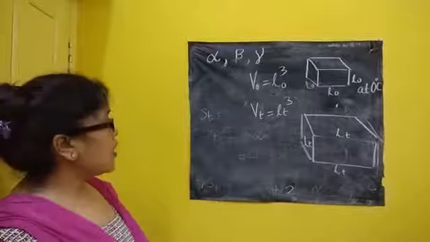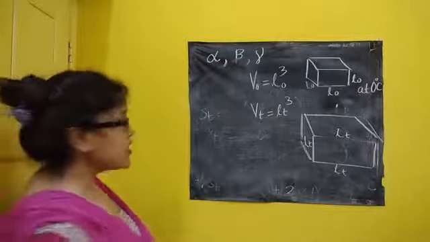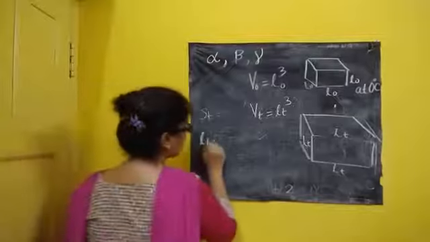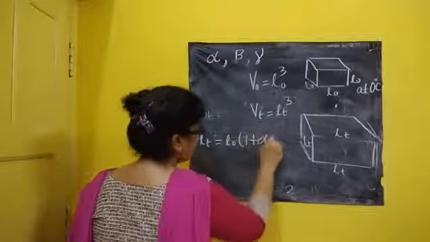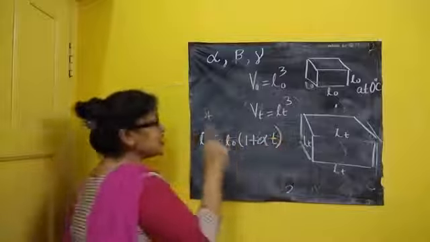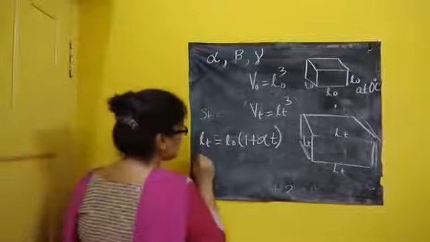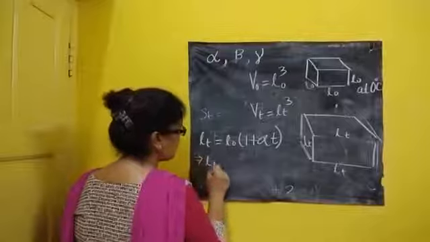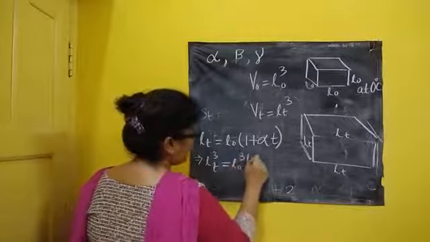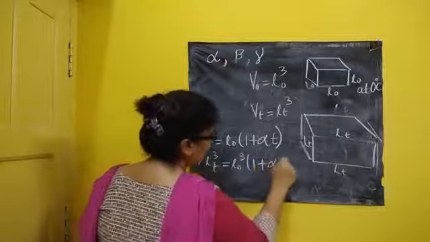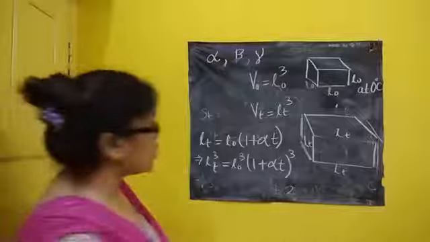Now we know that the length Lt equals L0 into 1 plus alpha t. I need Lt cube, so I will take the cube on both sides. So Lt cube will be equal to L0 cube into 1 plus alpha t whole cube.